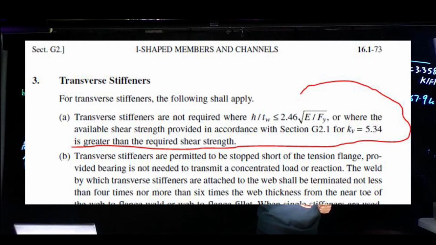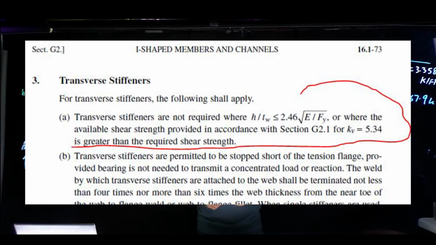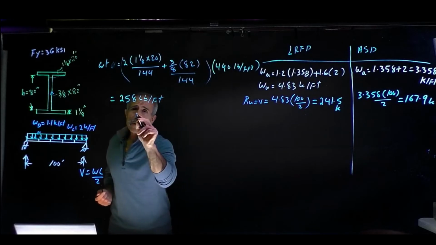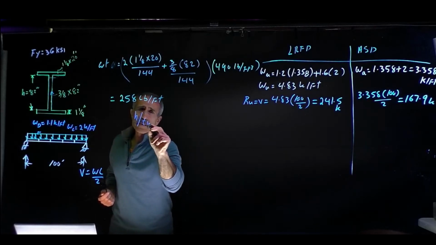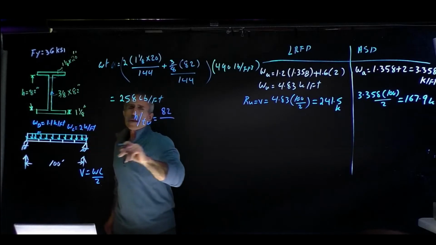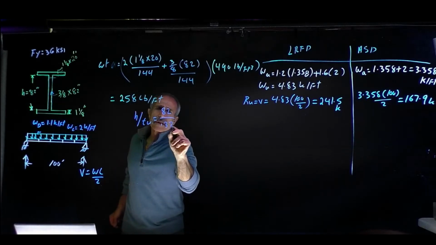It says transverse stiffeners are not required where h over tw is less than 2.46 square root of E divided by Fy. Let's see if we meet that. First, we find h divided by tw, which is 82 divided by 0.375.